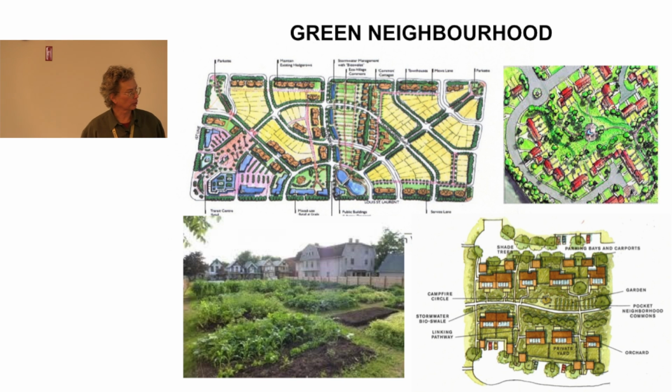I just love this lower one. This is what we call a pocket neighborhood. Probably pocket neighborhood should be a pattern where you've taken down the fences or you just soften the lot lines at the back and have common land behind the houses.